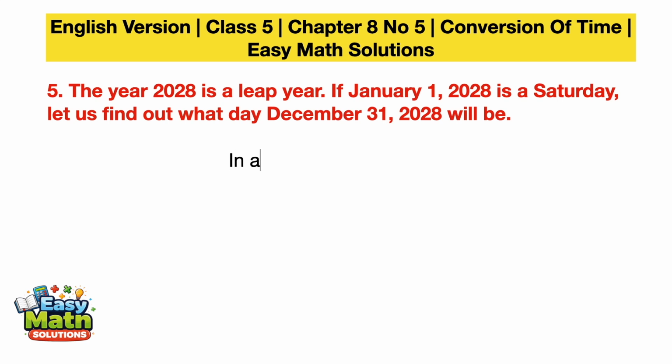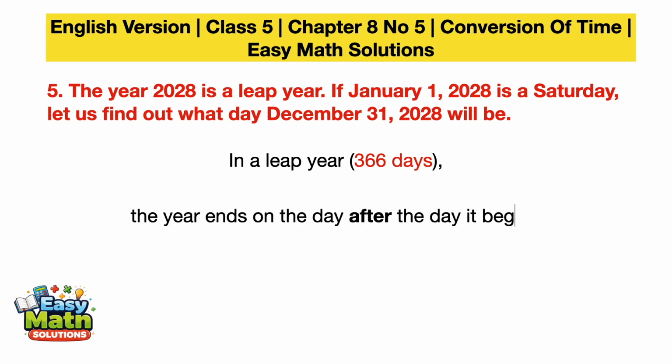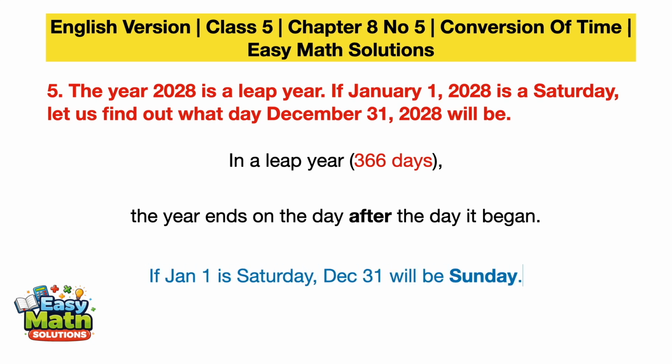In a leap year, we know there are 366 days. Okay, the year ends on the same day it began. That means it began on Saturday. If the first is Saturday, then the 31st will be Sunday.